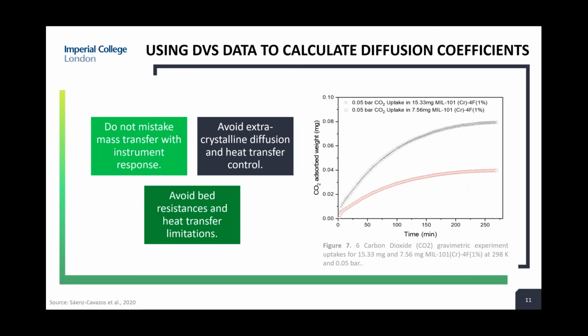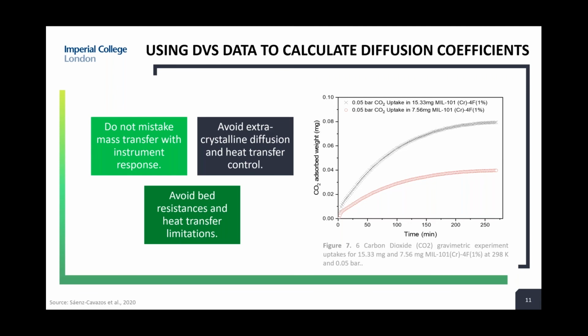So mass transfer kinetics can be measured accurately by assuming the drag force and the buoyancy effects reach steady state almost immediately. After that, extracrystalline diffusion and heat transfer control can also be avoided by changing the sample mass and obtaining consistent results, as you can see in figure 6. And finally, small amounts of sample were used to avoid bed resistances and heat transfer limitations.